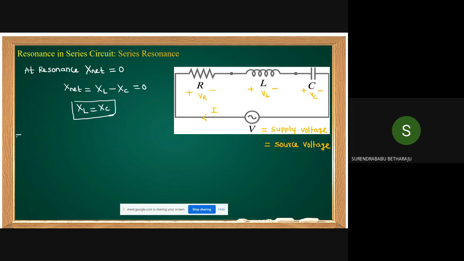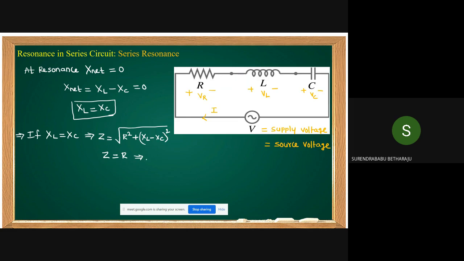Now tell me all these observations at resonance condition. If XL equals XC, then what is Z, students? In an RLC circuit, how do we write the impedance? Z equals square root of R squared plus (XL minus XC) whole squared. But XL equals XC, so Z equals R. Z equals R means this is Z minimum.